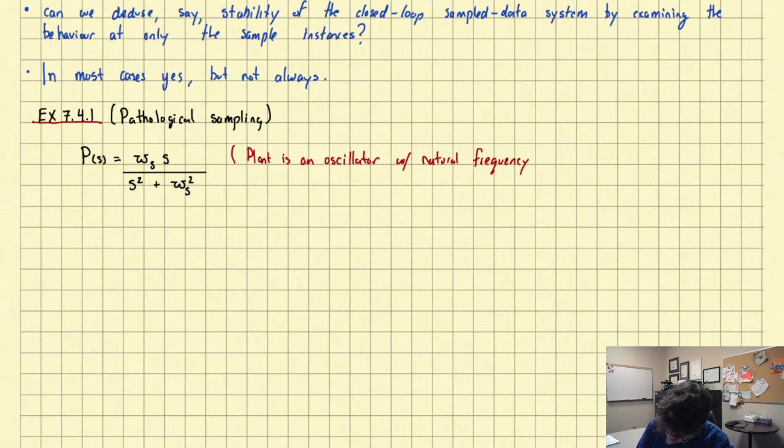And if you look at its poles, it has two poles on the imaginary axis at plus or minus omega s. It also has a 0. Okay, so this is the real part of s.